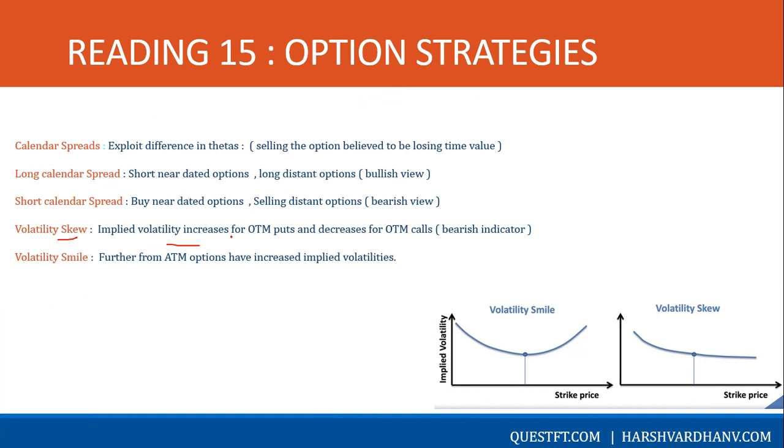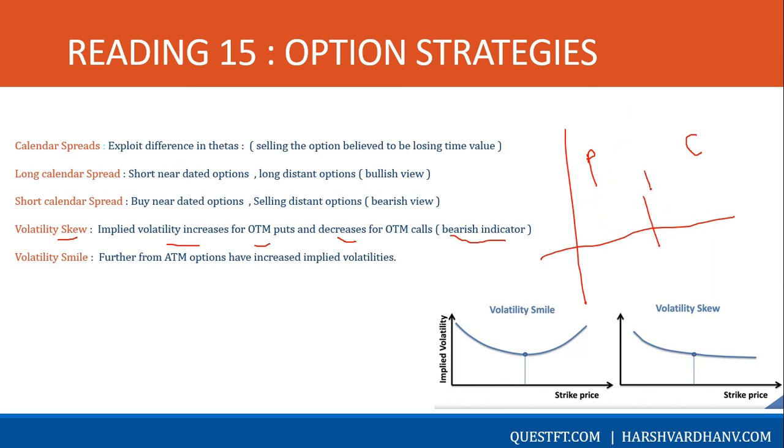Volatility skew: implied volatility increases for OTM puts and decreases for OTM calls. It is a bearish indicator. So in the market, you have both the things, you have puts and the calls. The buyer of the put option is basically bearish, right?